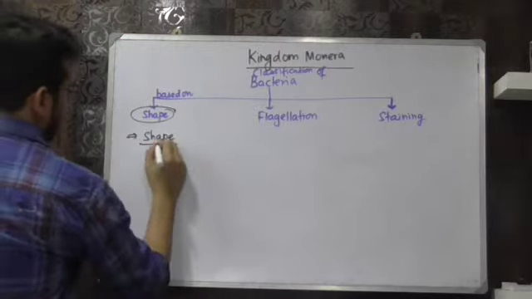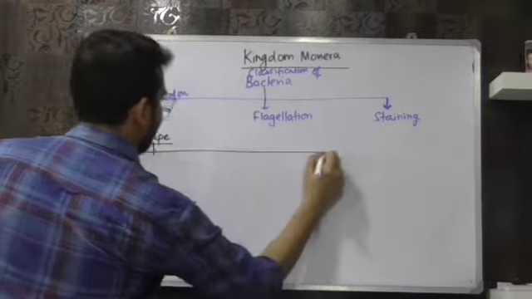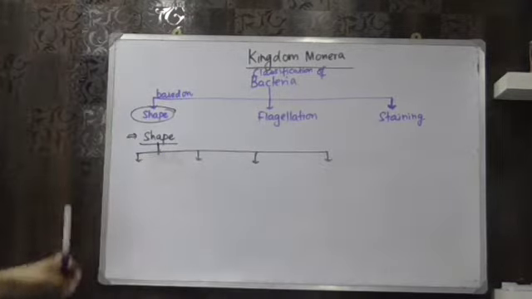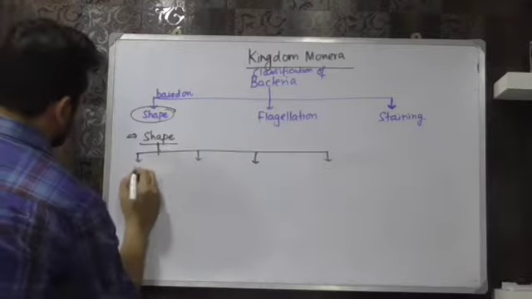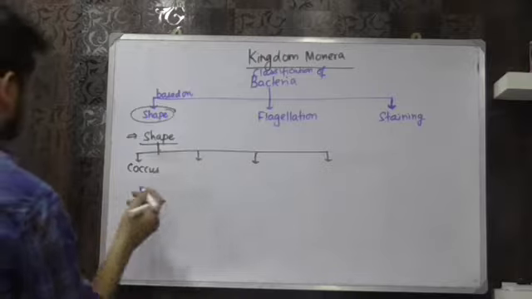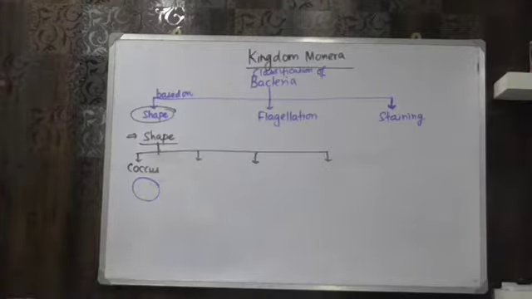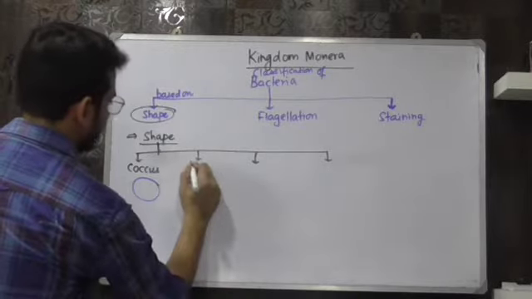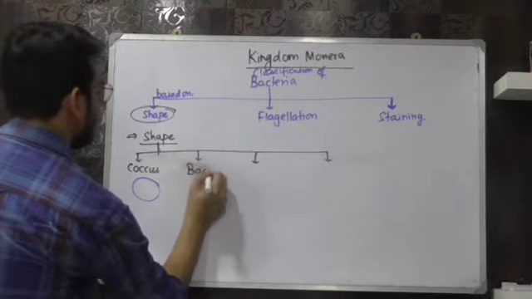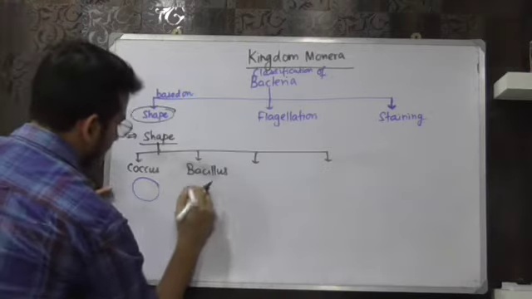Okay, now based on shape, bacteria can be of four main types. The first one is called coccus. Coccus is spherical in shape. The next one is called Bacillus. It is rod shape.